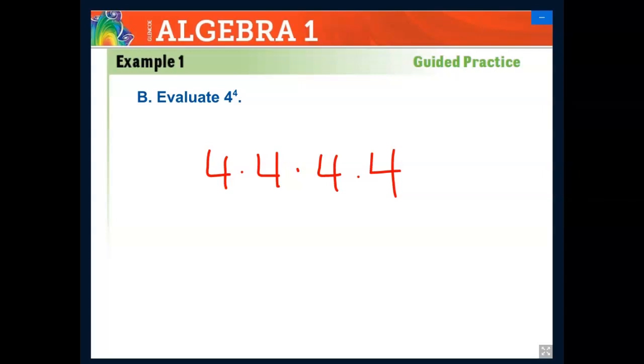So guys, take out your calculator, or if you use your phone, multiply 4 times 4 times 4 times 4. If you use your phone, you can't use the tool. If you use your calculator, you can use the little 4 to the 4th power.